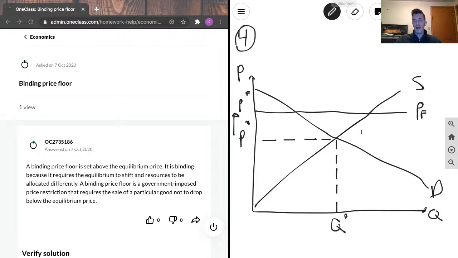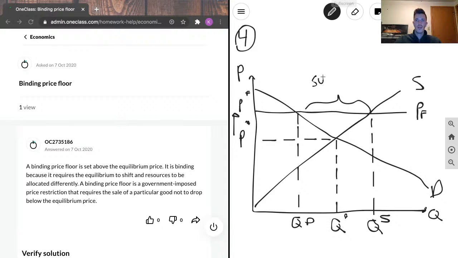Before the price floor, we had a quantity demanded that was equal to the quantity supplied, but now we have quantity supplied way out here. And quantity demanded way back here. And because the quantity supplied is so much more than the quantity that's being demanded, that will leave us with a surplus.